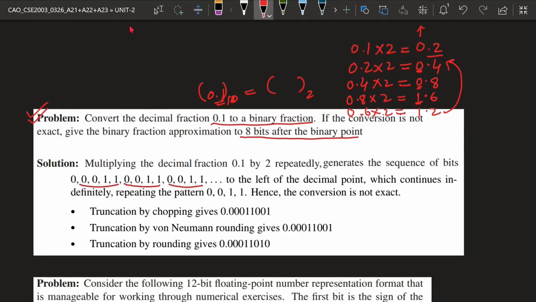So whenever a fractional number is there, suppose a fractional number is 0.5, it can be represented as 1 by 2.